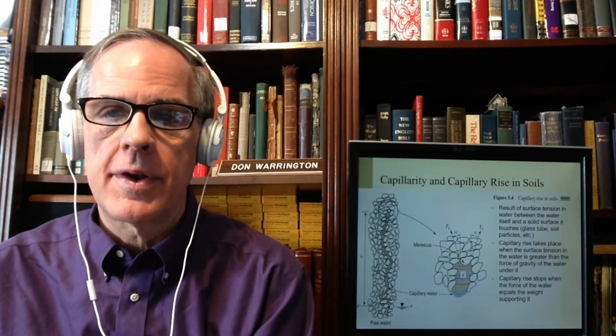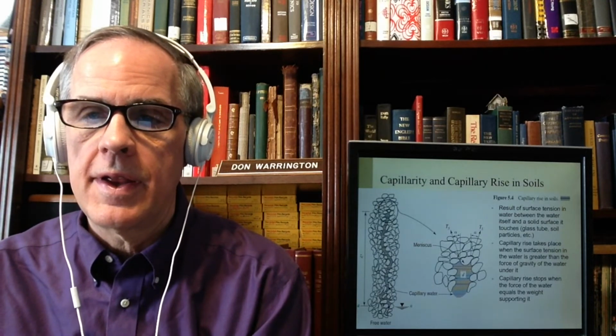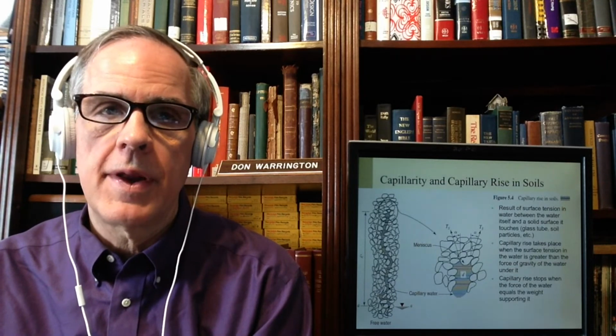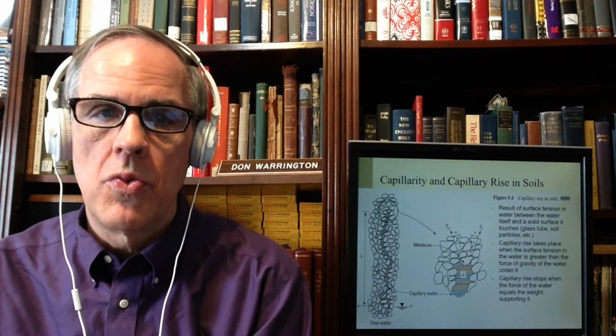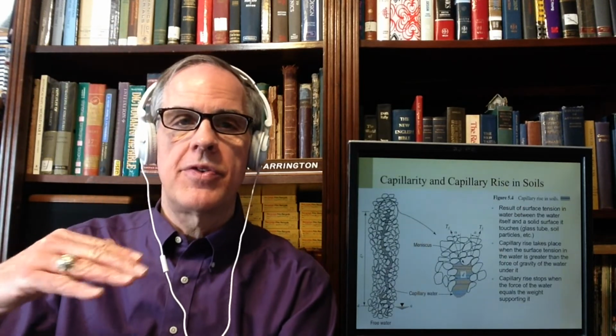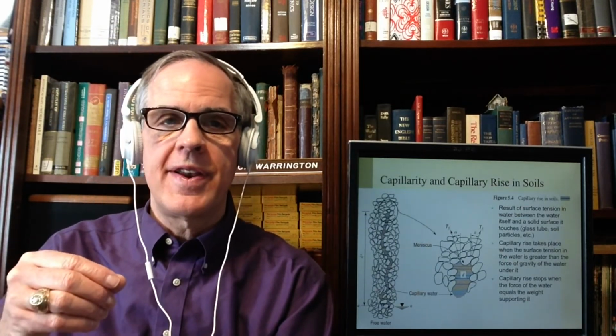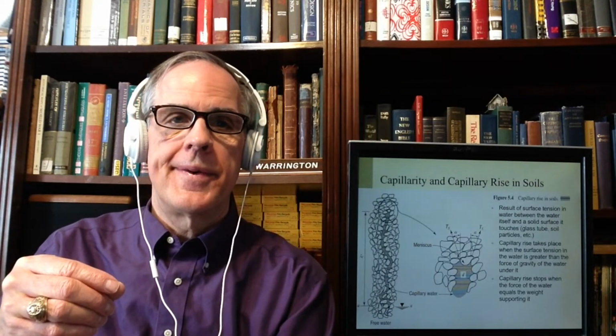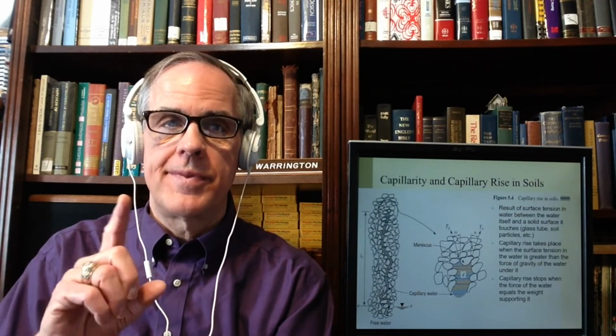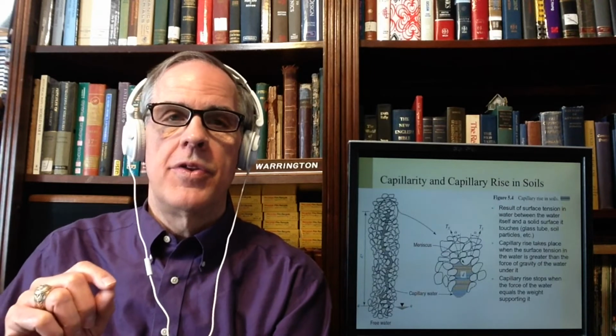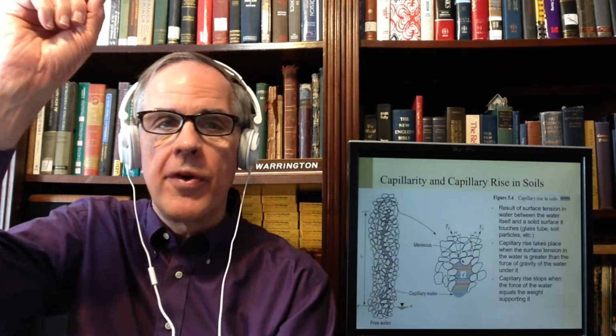Capillary rise is a complicated subject. It is the result of surface tension in the water between a solid and the water itself. Basically, capillary rise takes place when we have a very narrow tube of some kind, and we're going to talk about that assumption in a minute, and the surface tension of the water basically pulls the water up.